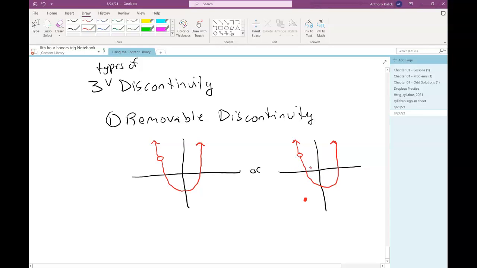There's still a gap, but we've picked that point up and moved it somewhere else. Keep in mind that point where we've moved it to has to be on the same vertical line as the hole. Why? Because it can't move by the domain, otherwise it wouldn't pass the vertical line test. Very good. If that point wasn't directly lining up with the hole, you would fail a vertical line test and you don't have a function anymore, and then somebody's sad.